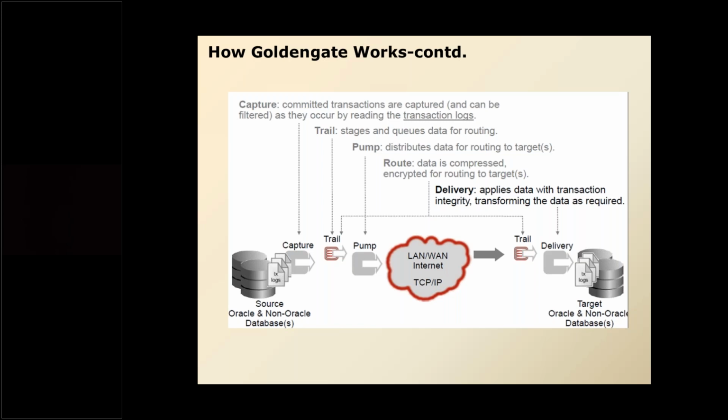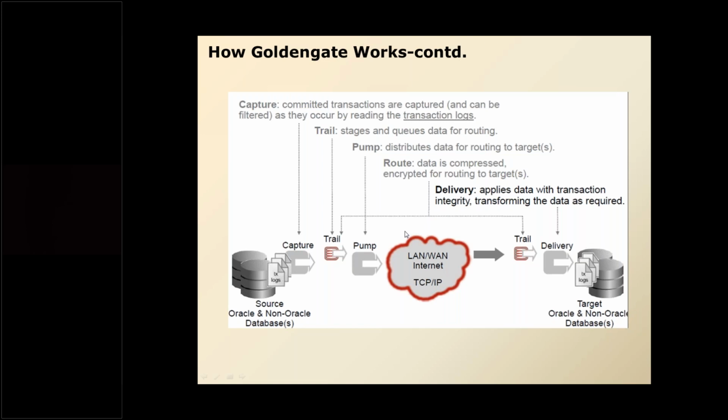Now, the GoldenGate capture process, I again repeat, receives the changes from the source transaction logs, captures only committed transactions, and writes them to the local trail. The local trail is read by the data pump process. It sends the data over the TCP/IP network and writes it to the remote trail. The replicate or delivery process reads the data out of the remote trail and applies it to the target database.